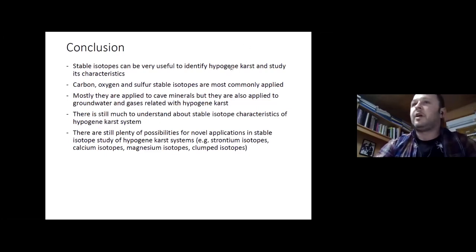There has been some alteration of the bedrock stable isotope composition. They can also help us to study the processes or the characteristics of those hypogene karst systems. Most commonly until now, what has been applied are the carbon, oxygen, and sulfur stable isotopes, but it's not the only thing which has been applied.